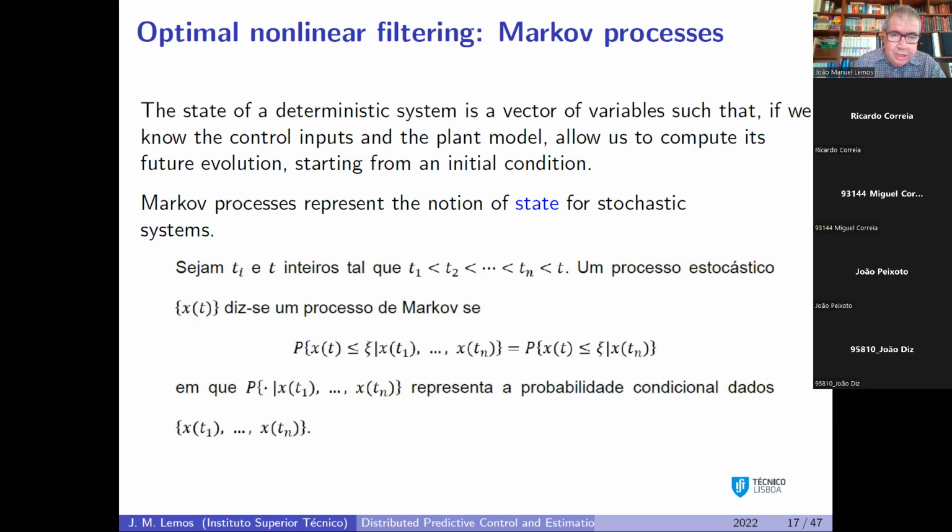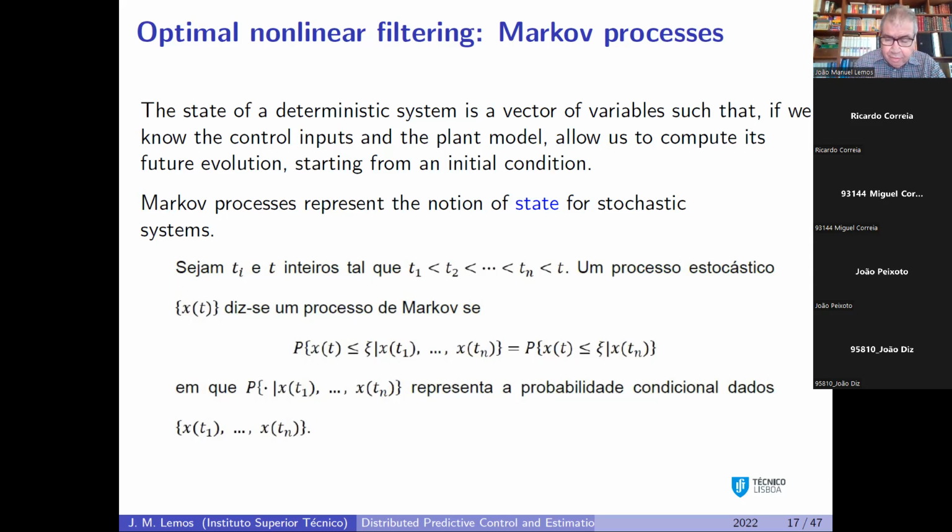So if you know the initial position of the point and the forces, you don't know what will happen in the future. A state in this case would be the position and the velocity. If you know the initial position and the initial velocity, then you will be able to compute. So that's the notion of state.